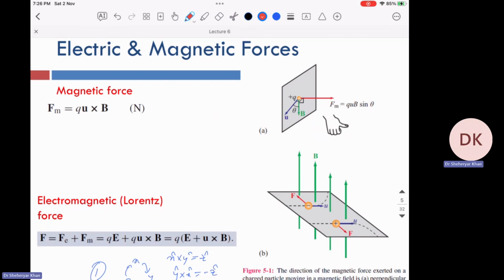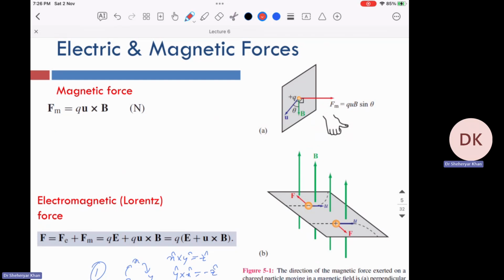So all the three quantities are perpendicular to each other. That's why we use the cross product. The cross product means that if two quantities are 90 degrees with each other, the third quantity will also be 90 degrees with them, right? So we use the right hand rule. This is difficult to understand. So U is hitting B, and the thumb is showing the force.